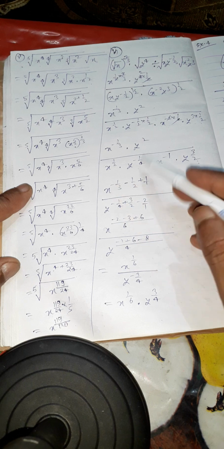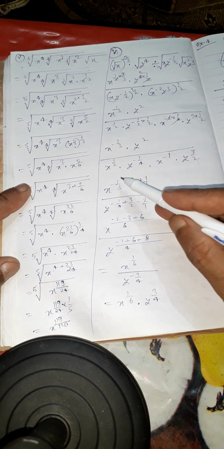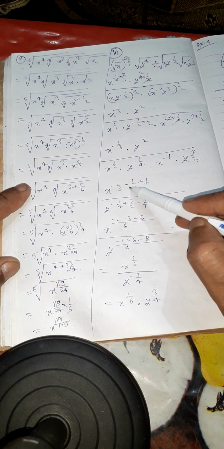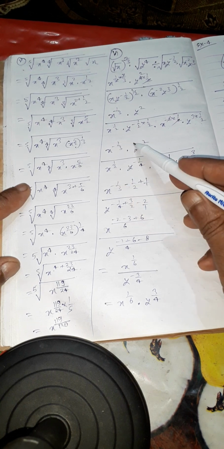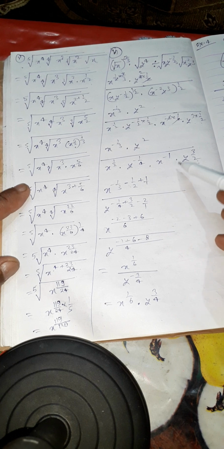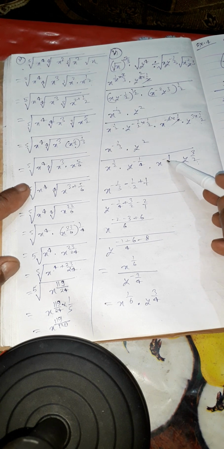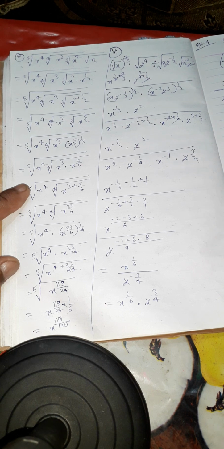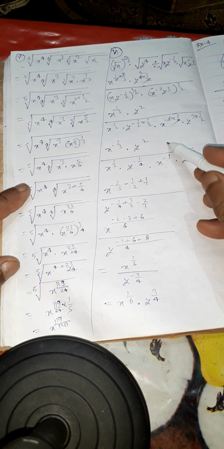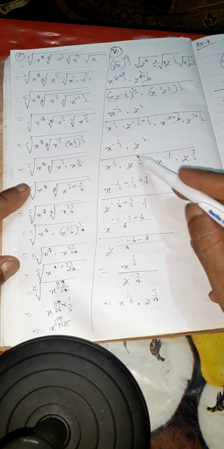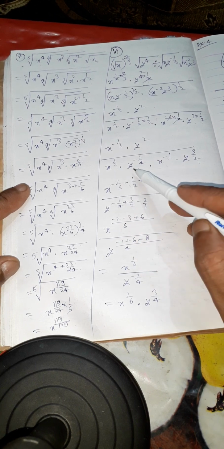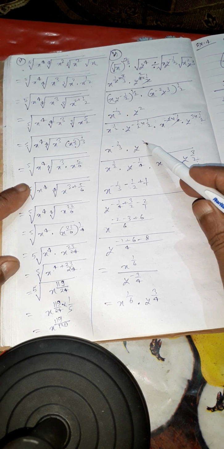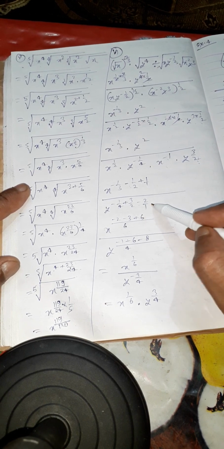For x, here we count all the powers of x. Minus 1 by 3, it is minus 1 by 2 because it comes from the denominator to the numerator, and minus 1, now it is also in the denominator, it comes to the numerator, so it is minus 1 plus 1. Now in y, it is minus 1 by 4 plus 3 by 2, and the numerator comes to the denominator, it is minus 2.